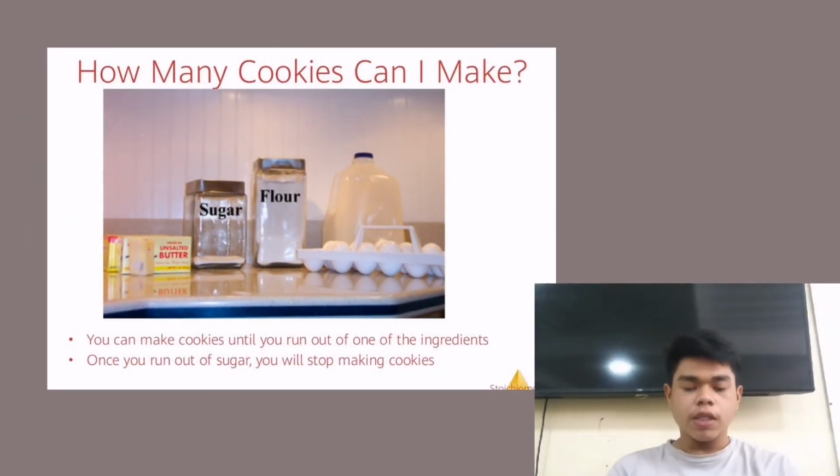How many cookies can I make? You can make cookies until you run out of one of the ingredients. Once you run out of sugar, you will stop making cookies.